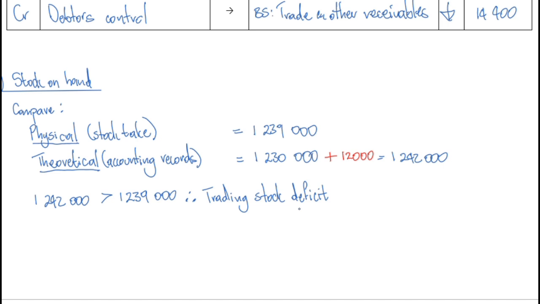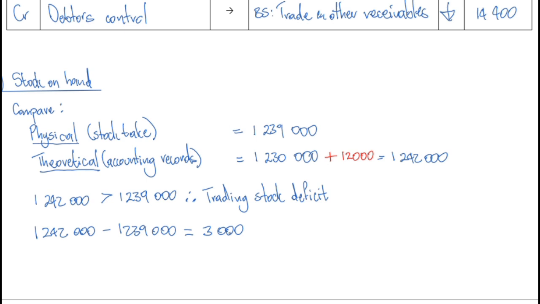A trading stock deficit is calculated as 1,242,000 minus 1,239,000 equals 3,000. This means that the trading stock account in our accounting records is overstated by 3,000 rands.